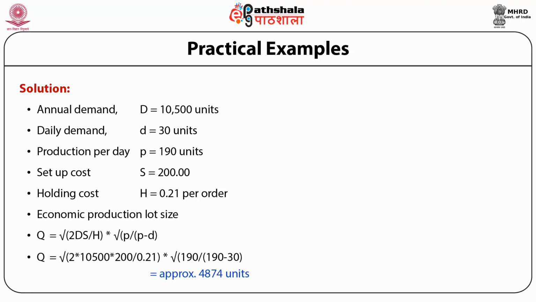Economic production lot size is root of 2DS upon H into root of P upon (P minus D). Q equal to under root of 2 into 10,500 into 200 upon 0.21 into root of 190 upon (190 minus 30), equal to approximately 4874 units.